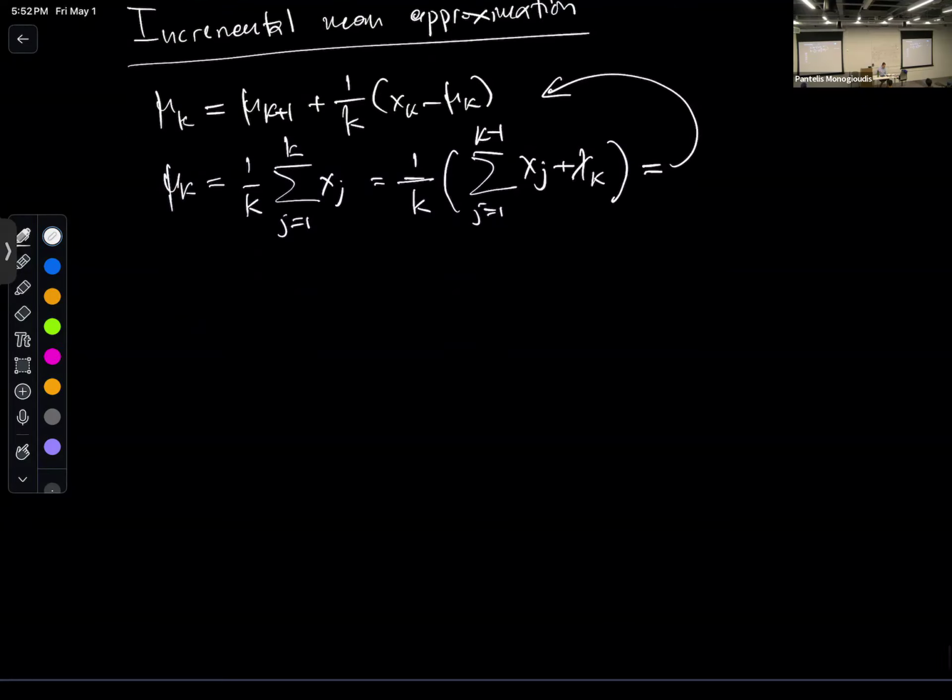So effectively, what we are going to do, we will adopt this and we will now write the running sample mean.